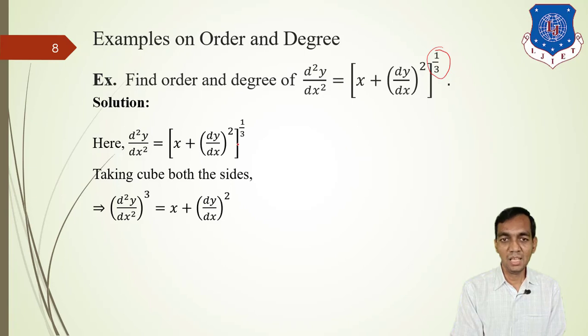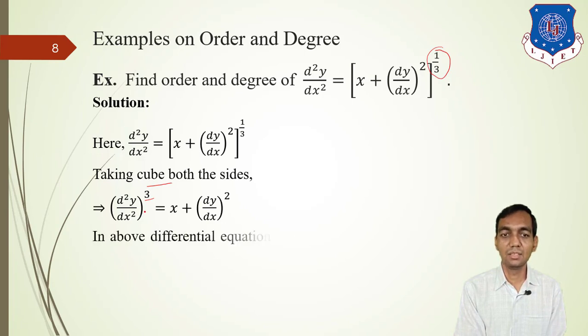That's why we are going to take a cube on both sides. Taking a cube on both sides gives (d square y by dx square) the whole cube is equal to x plus (dy by dx) the whole square. Now see what happens here. The highest order derivative is the second order derivative, and the power of the highest order derivative is 3, and you have a single term.